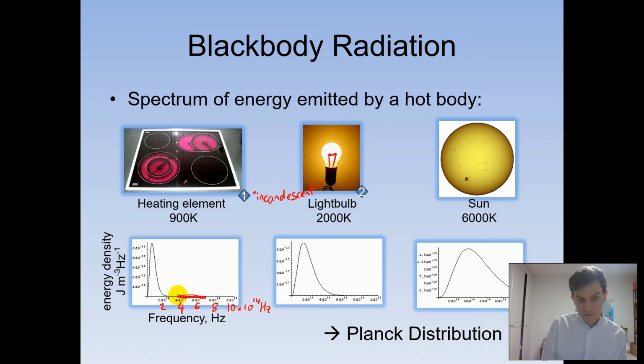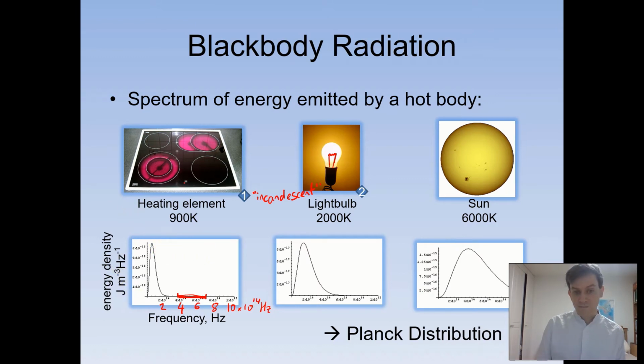That's the visible part. And on the y-axis, it's plotted energy density, so the intensity of the light at these different frequencies. Each graph has the same scale on the x-axis. The units on the y-axis are not important.